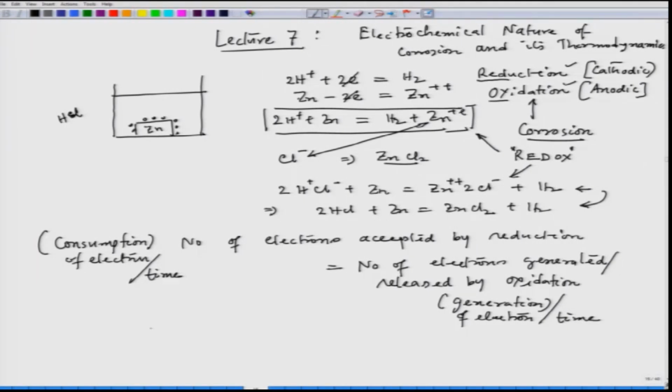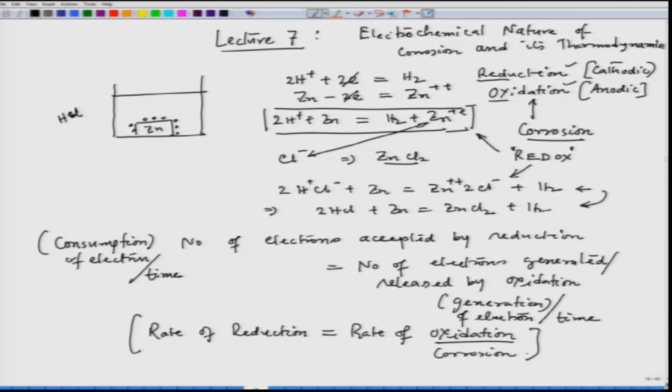So, the rate of reduction should be equal to the rate of oxidation, and since oxidation is nothing but corrosion, it becomes the rate of corrosion. This is an extremely important concept. The rate of reduction is equal to the rate of oxidation or corrosion.